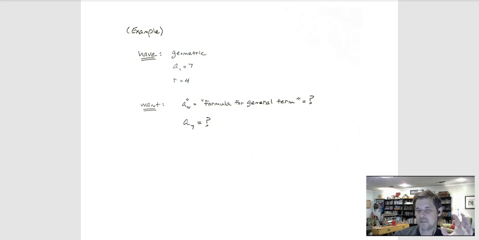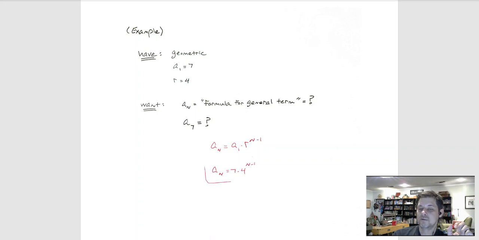Here I know it's geometric, so I know which formula to use. So it was A_n is A_1 times r to the n minus 1. That's the formula for the general term. And I have every number I need to complete this. It will say A_n is equal to A_1, which is 7, times r, which is 4, to the power n minus 1.